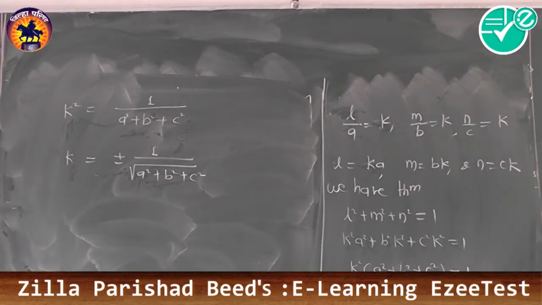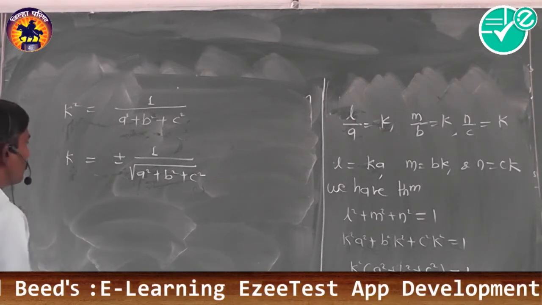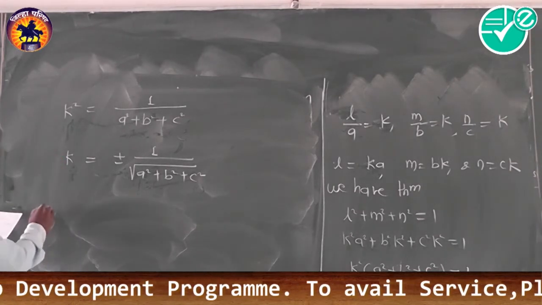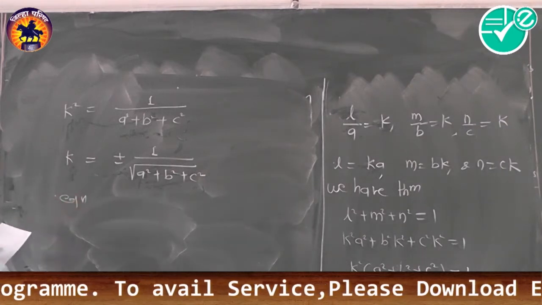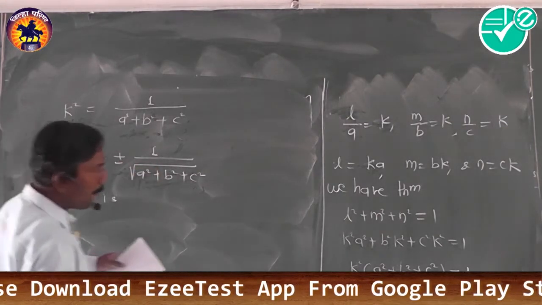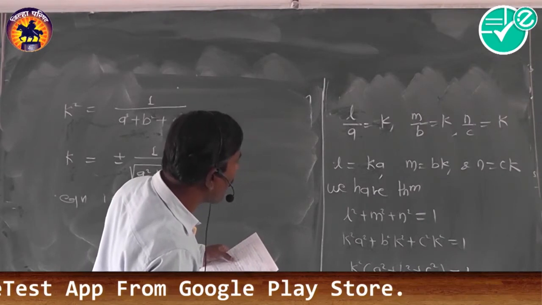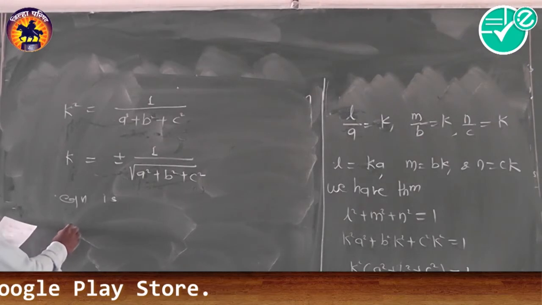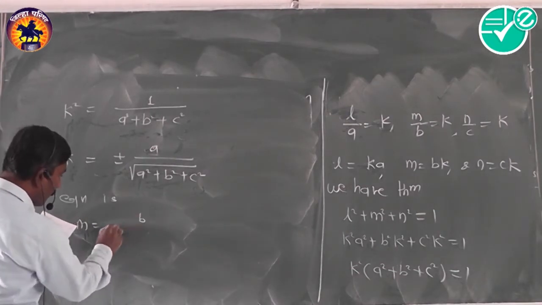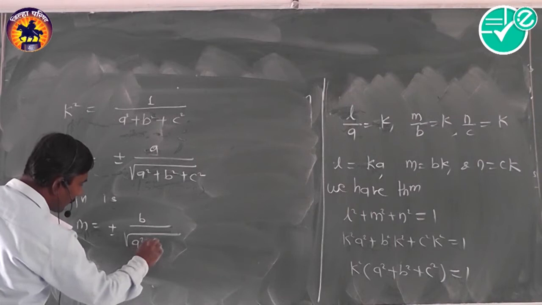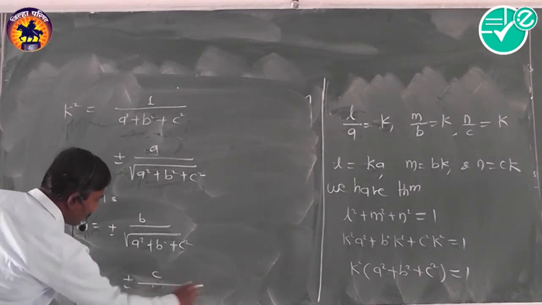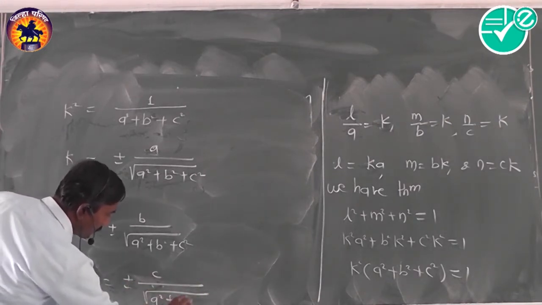Similarly, therefore M is equal to plus or minus B under root A square plus B square plus C square, and similarly N is equal to plus or minus C under root A square plus B square plus C square.